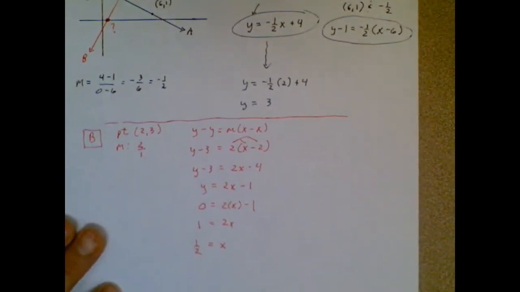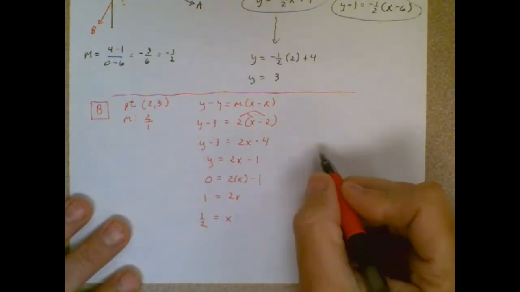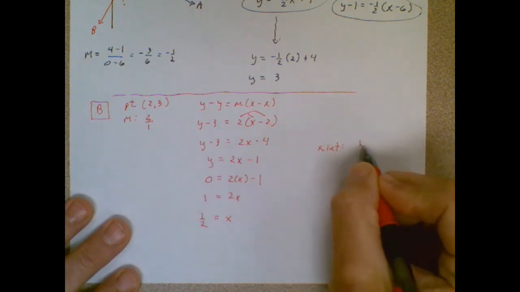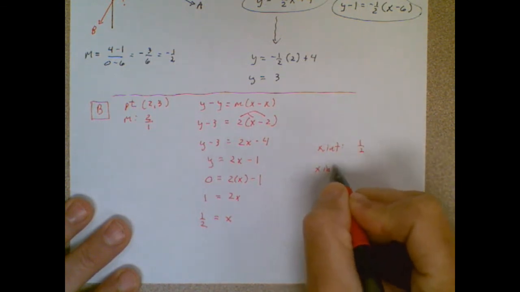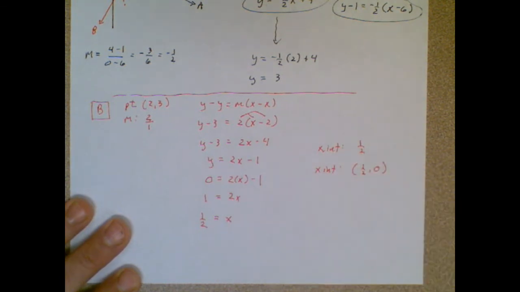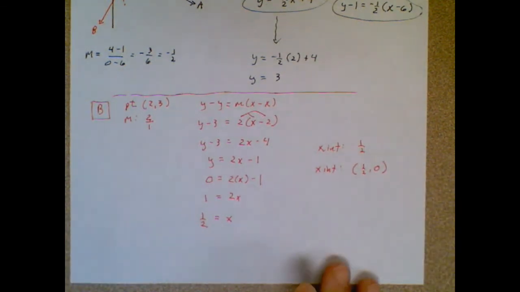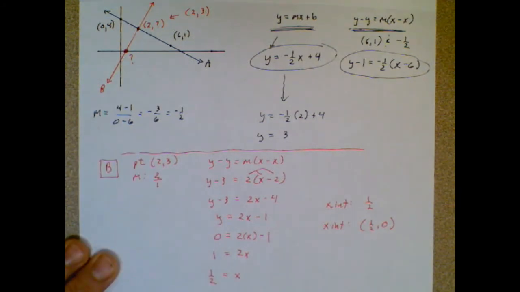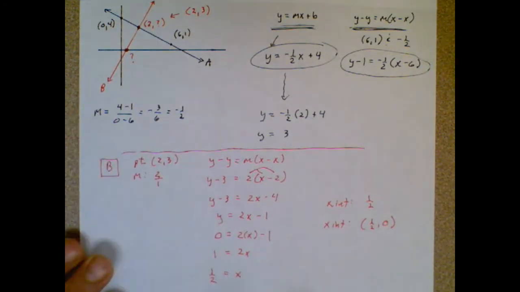So I know the x-intercept is 1/2, or if you wanted to write it this way, 1/2 comma 0. And that's pretty much what it looks like on our sketch. So our sketch and our algebra seem to agree with each other.